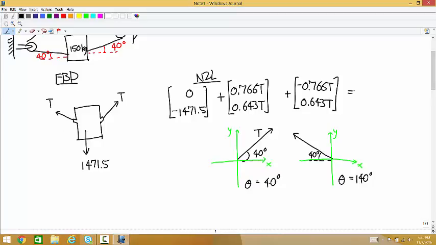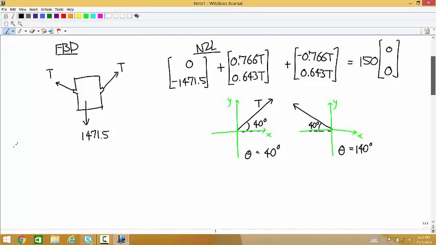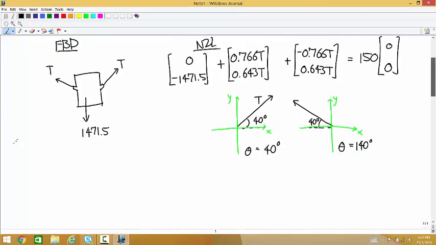And so that's equal to the mass of the chosen body times the acceleration. It says that this mass is hanging there, so it's not accelerating. So we just have a mass of 150 times an acceleration vector of 0. And that gives us two equations.